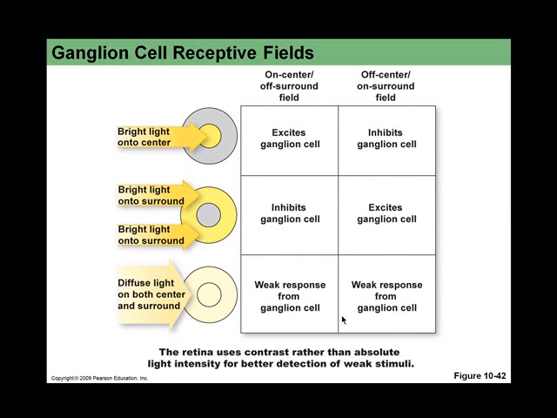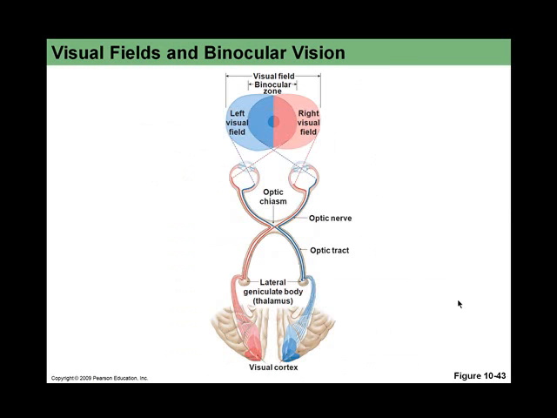It's the degree to which they change, being inhibited or activated, that contributes to the signal information. So the retina uses contrast rather than absolute light intensity for better detection of weak stimuli.